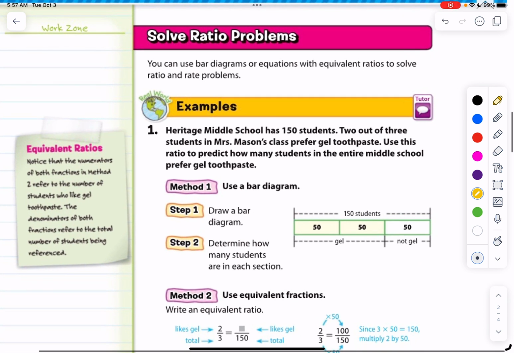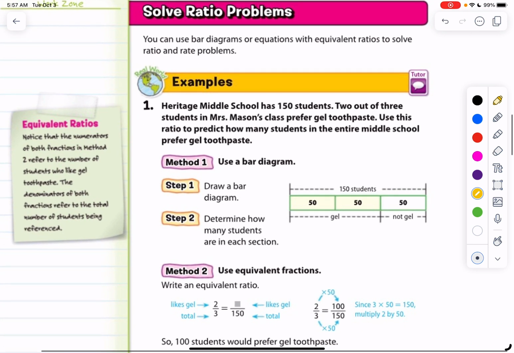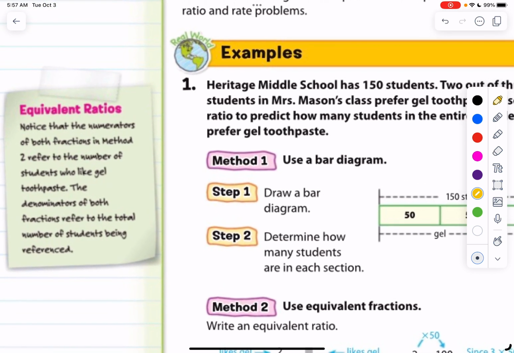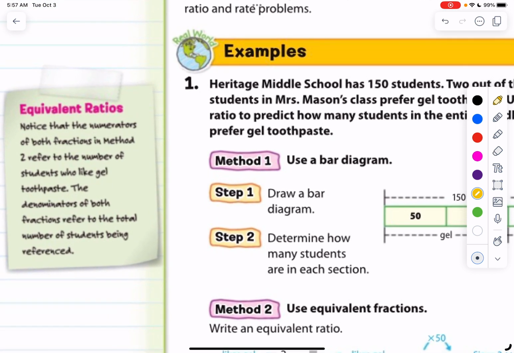Another way to potentially solve a problem is to create a bar or tape diagram. And over here, I want you to point this out right here. This is great information that you will need in this lesson. It says, notice that the numerators of both fractions in method 2 refer to the number of students who like gel toothpaste.